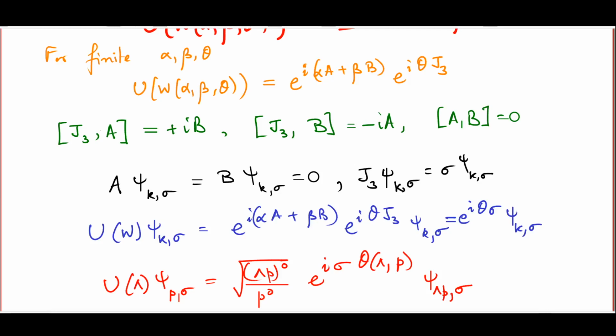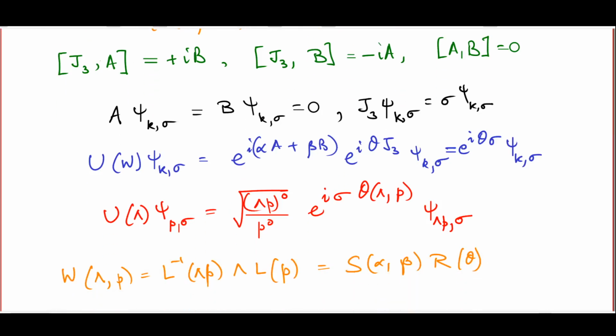And based on this, what you can immediately show is that for any Lorentz transformation lambda acting on a state psi p sigma, U of lambda acting on psi p sigma is going to be, apart from a normalization factor, simply e to the power i sigma times theta of lambda and p, times psi of lambda p comma sigma.